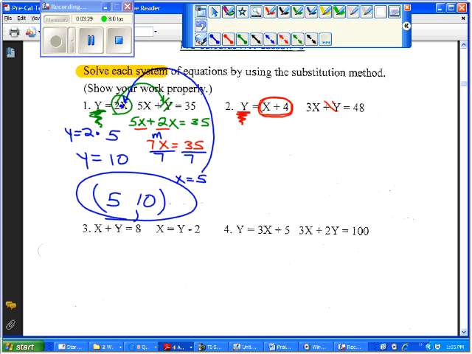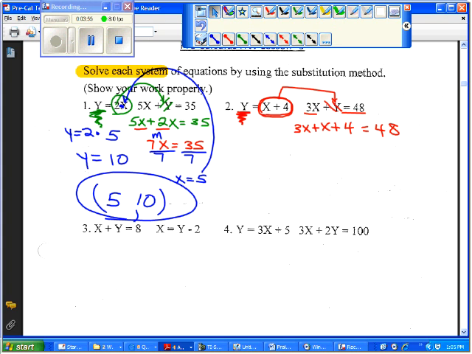That means we can go to the other equation where the y is and put that x stuff in its place. So where the y was, we put x plus 4. Understand that? And then everything else goes back. We still had the 3x, and we equal 48. So by substitution, we're down to one variable, x.